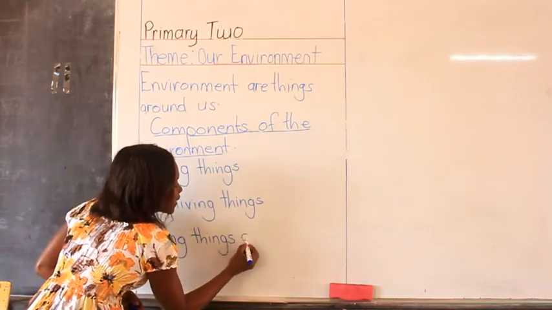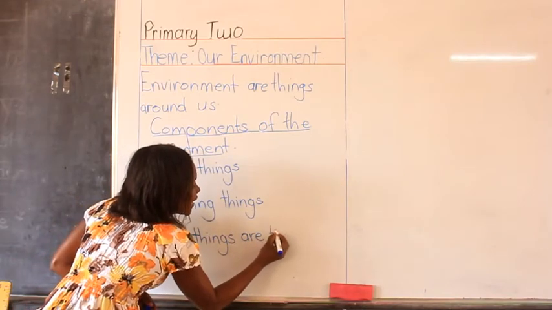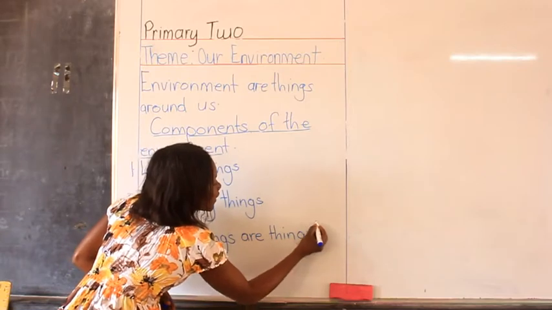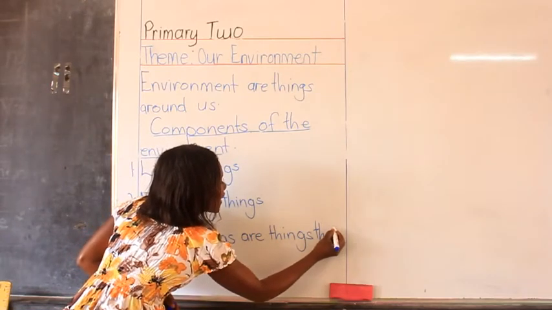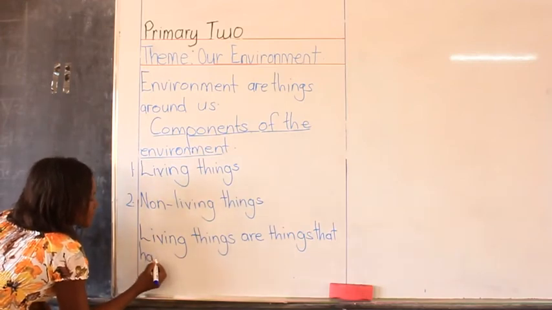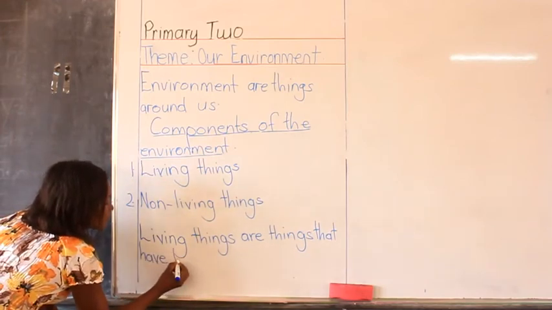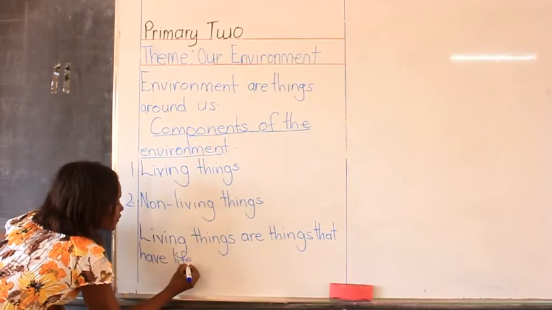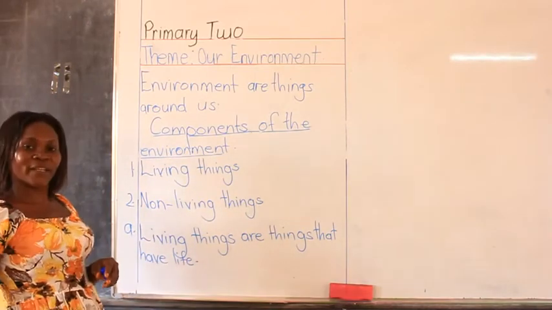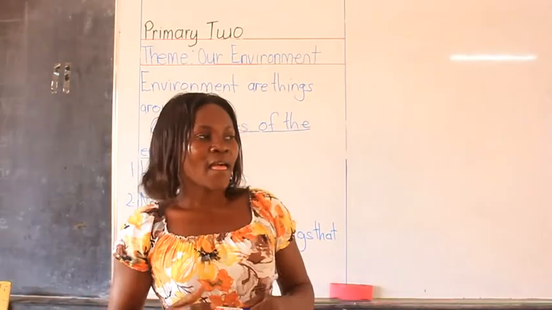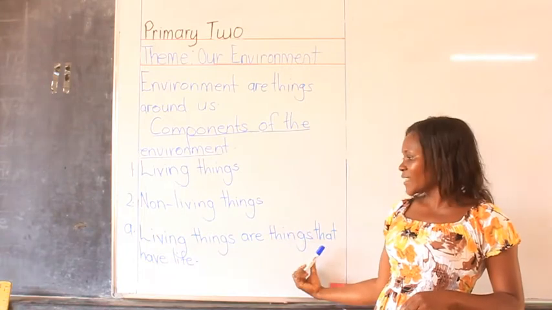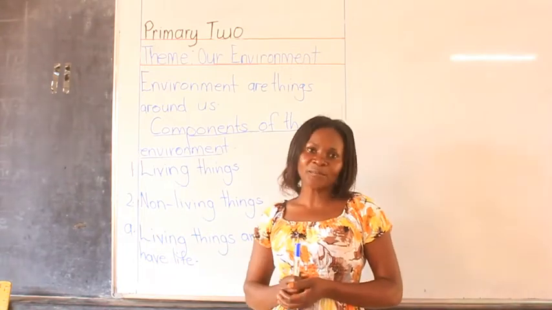Living things are things that have life. And say that is part A of the components of the environment.